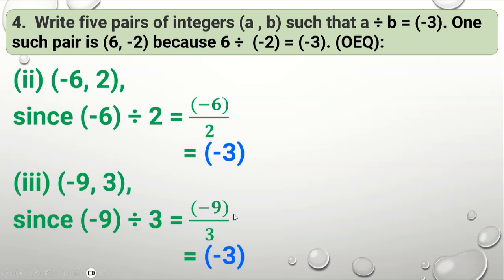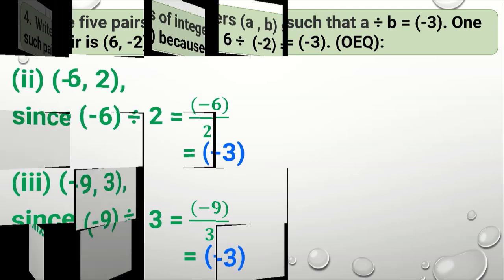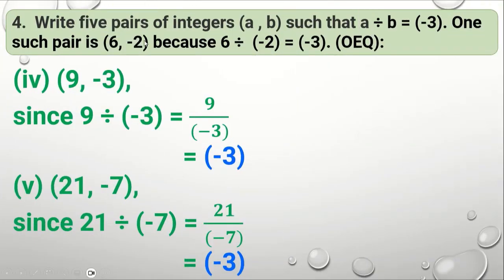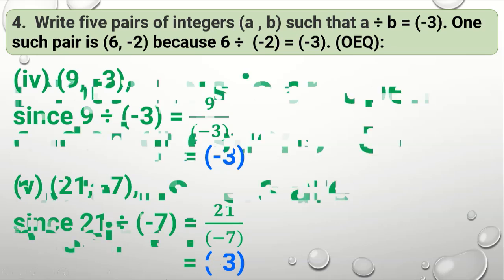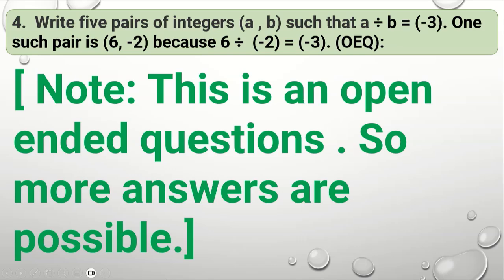So minus 9 divided by 3 is minus 3. And now the fourth one is 9 divided by minus 3, which will be minus 3. And the fifth one is 21 divided by minus 7. So 21 divided by minus 7 is minus 3. Note, this is an open-ended question, so more answers are possible.